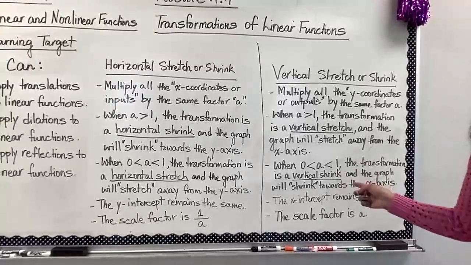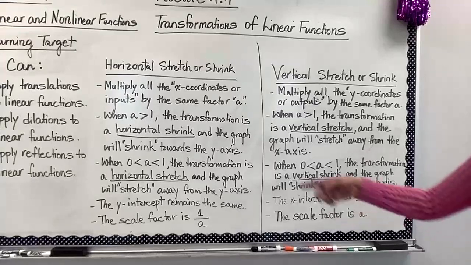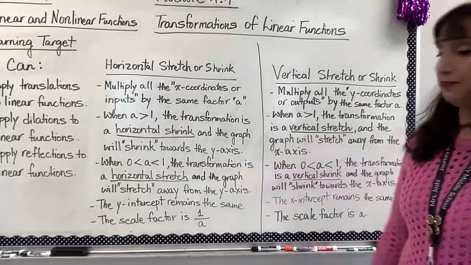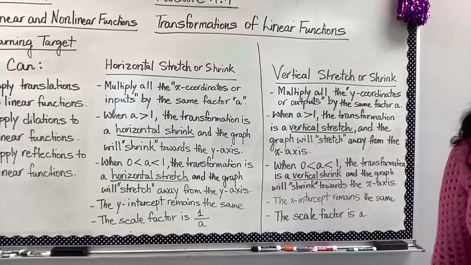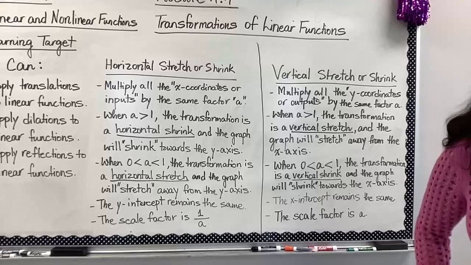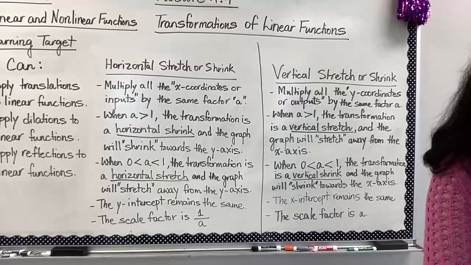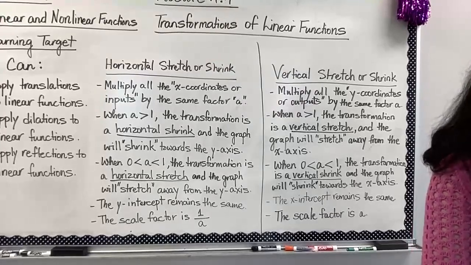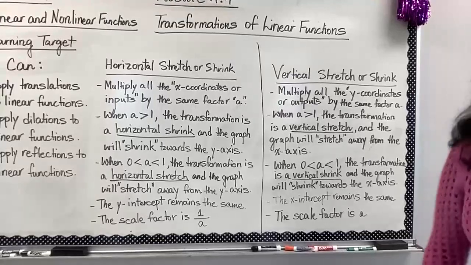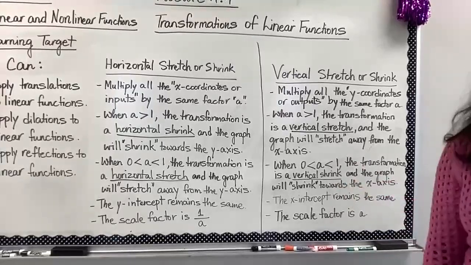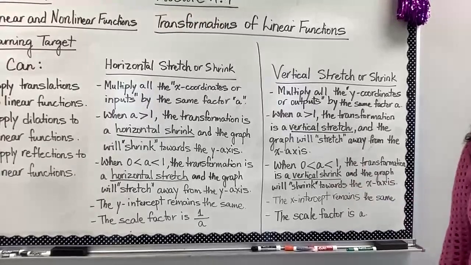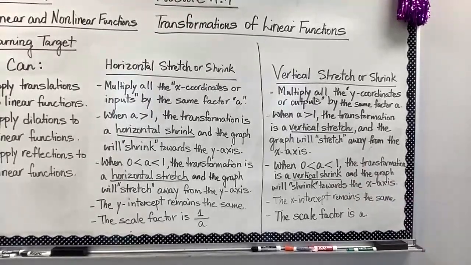And in the first one, where we have the horizontal stretch or shrink, the y-intercept remains the same when the function is transformed by a horizontal shrink or stretch. And then let's look at the other one. In this, the x-intercept remains the same when the function is transformed by a vertical shrink or stretch.